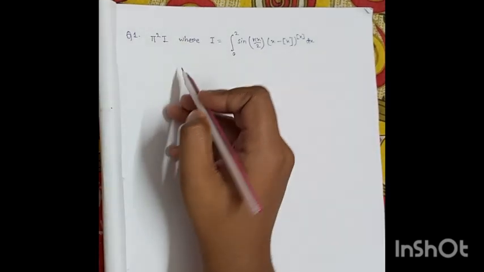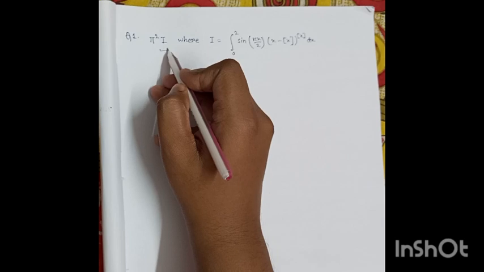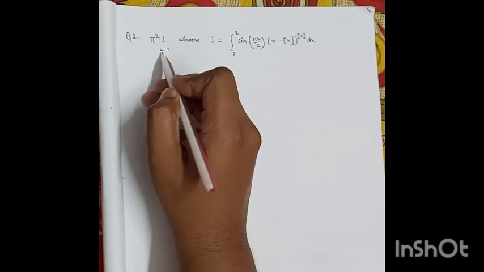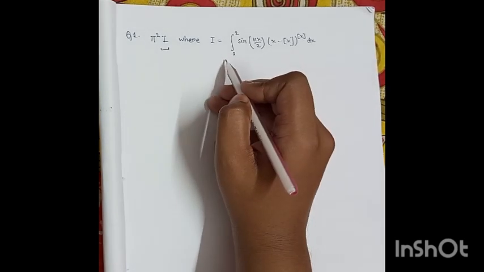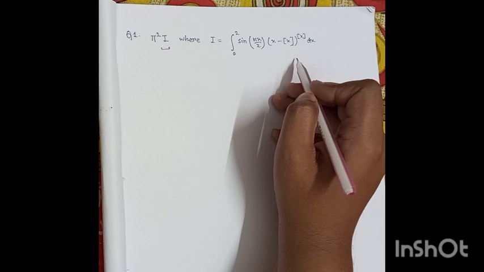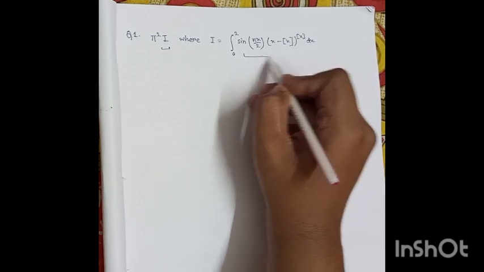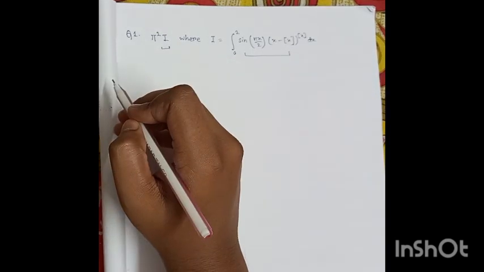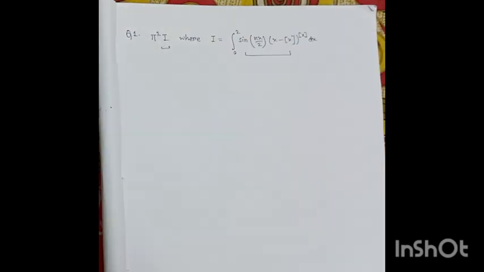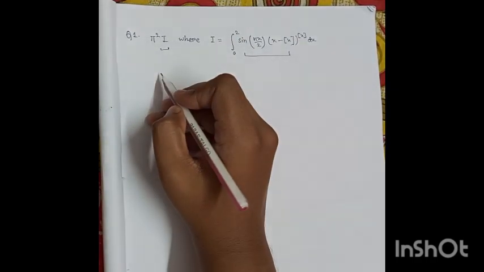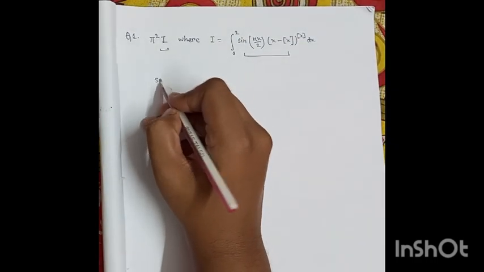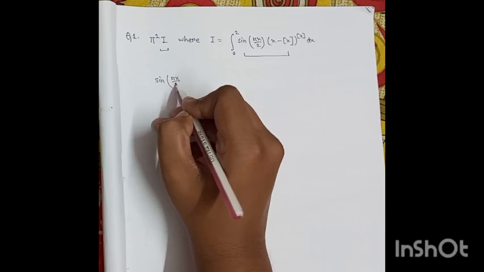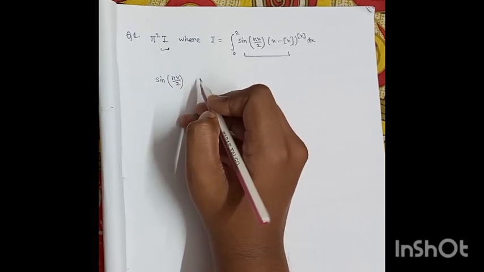So I have named this integral given in the question as pi square times I, where I is this integration. Now we have to focus on this function. Now we know the properties of the greatest integer function.